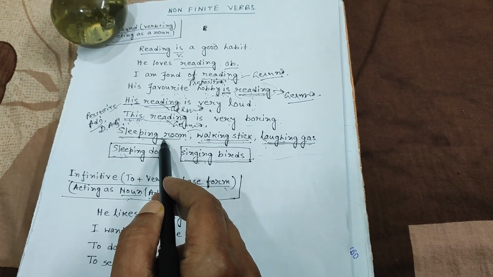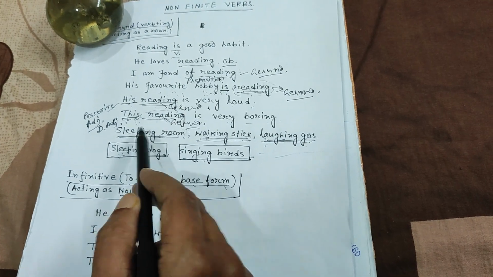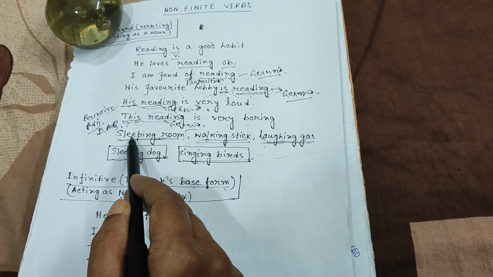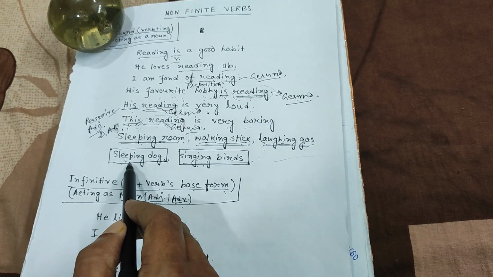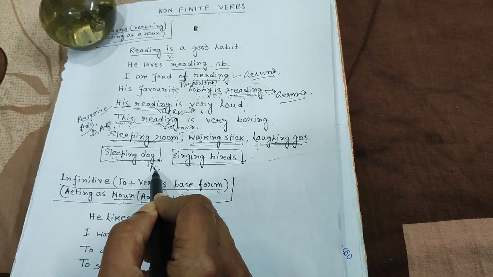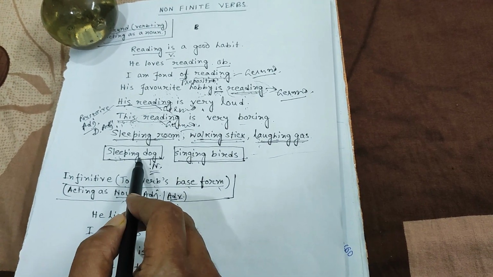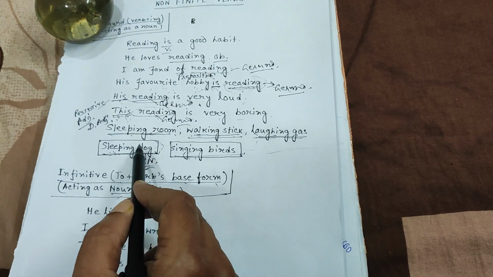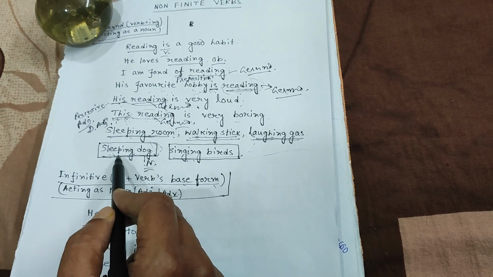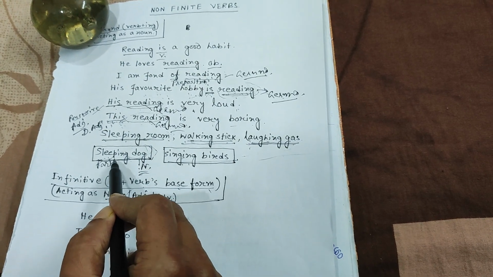What happens here? In the earlier case, it is a compound word and the gerund is part of that compound word. But here the dog is a noun and the word sleeping describes that noun. What is the dog doing? The dog is sleeping. So it is a participle, not a gerund.